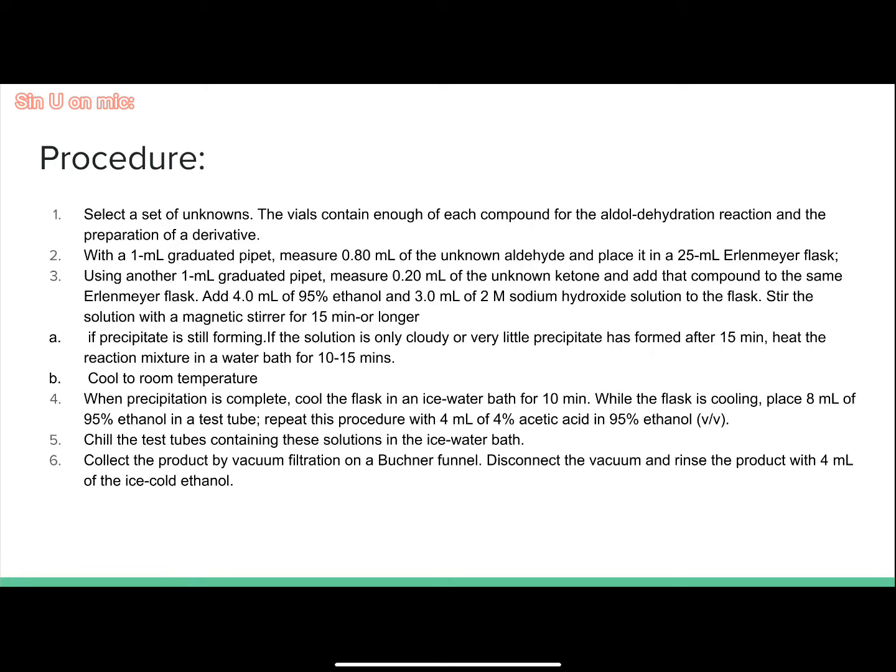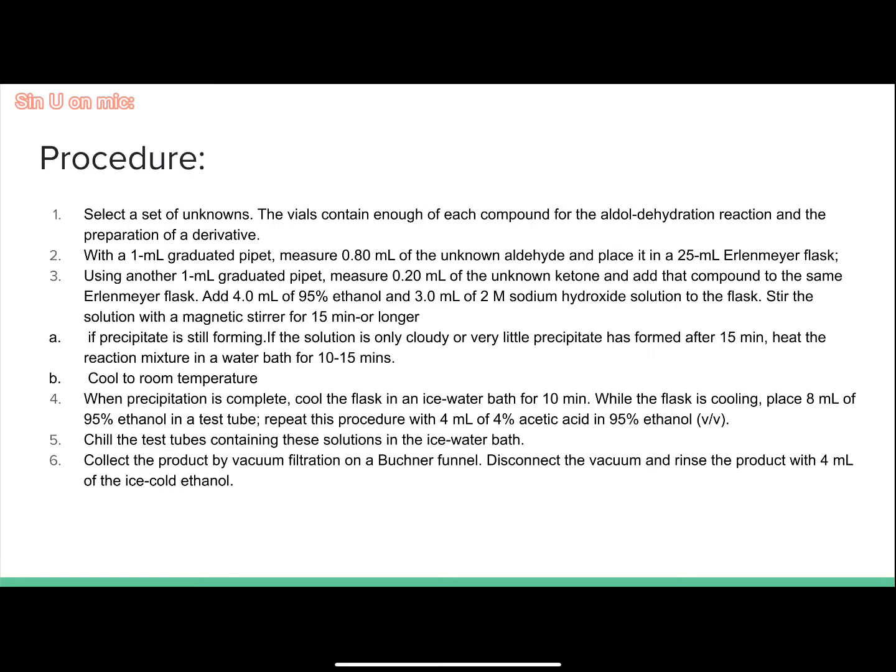If the solution is only cloudy or very little precipitate has formed after 15 minutes, heat the reaction mixture in a water bath for 10 to 15 minutes. Cool to room temperature. When precipitation is complete, cool the flask in an ice water bath for 10 minutes.